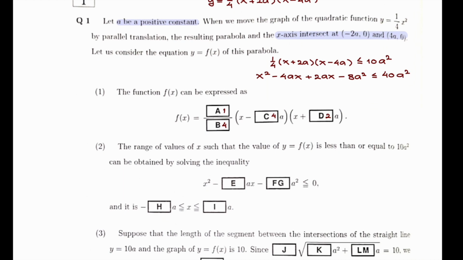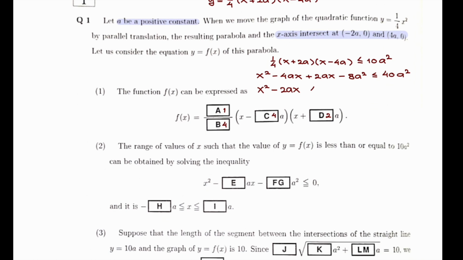And then if I move 40a squared to the left hand side, I will obtain x squared minus 2ax and then negative 8a squared minus 40a squared, which gives negative 48a squared, less than or equal to 0. So this is my inequality.